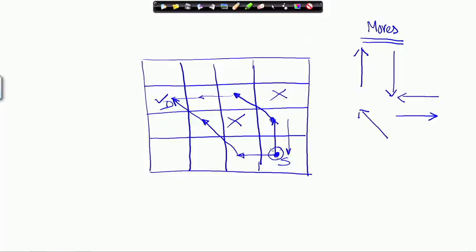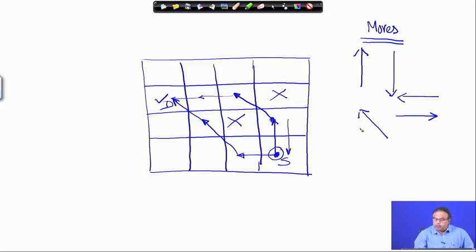In that case, suppose the diagonal move costs you 5 and all other moves cost you 2. Then what would be the cost in this path? 2, because up is 2, 5 because diagonal is 5, 7, 8, 9, 10, 11, 11 units.